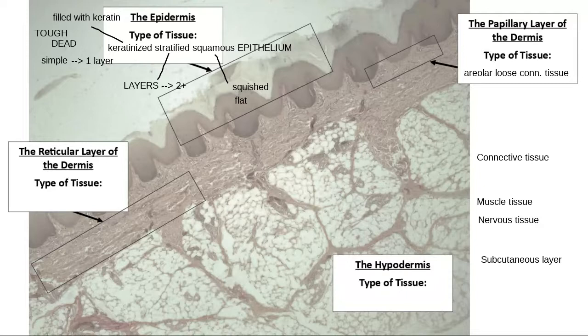Dense, irregular connective tissue is the one where some of the proteins stick out of the screen in your face. Some of them go the same direction as the screen. Some of them are at an angle. Because those proteins are arranged irregularly, going in so many different directions, this kind of tissue is really strong in more than one direction.